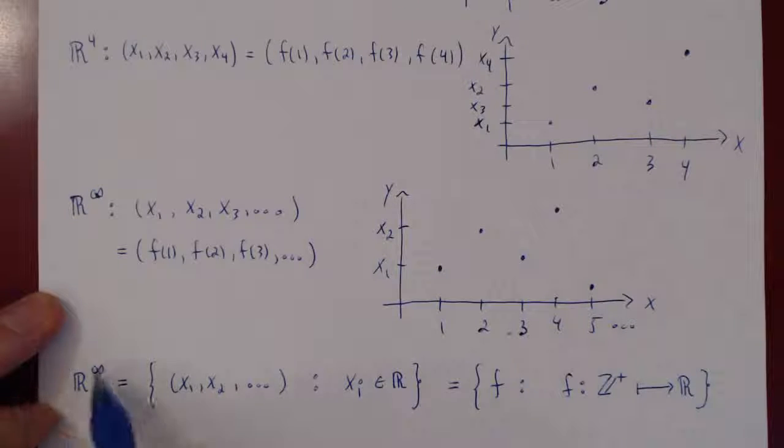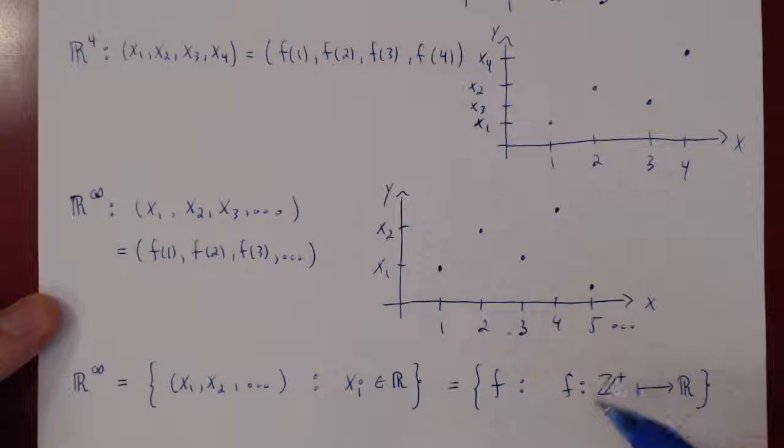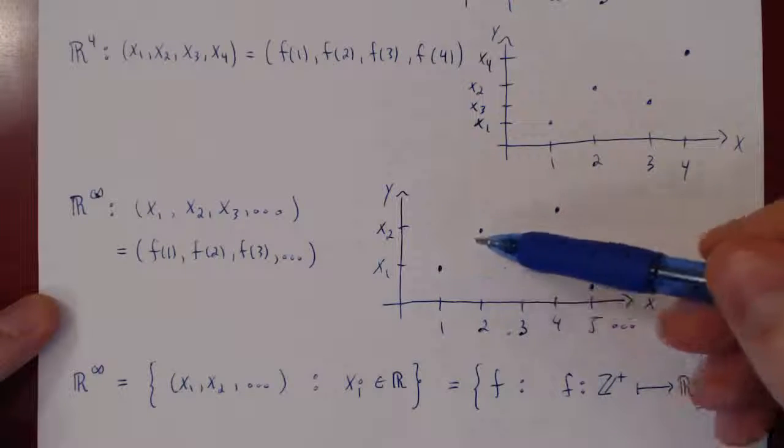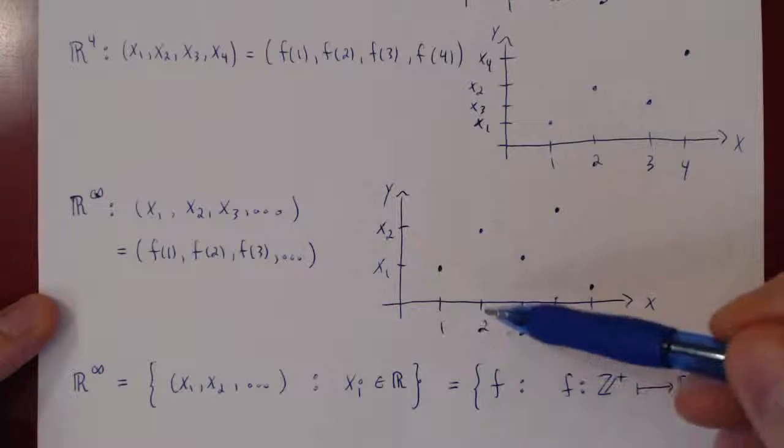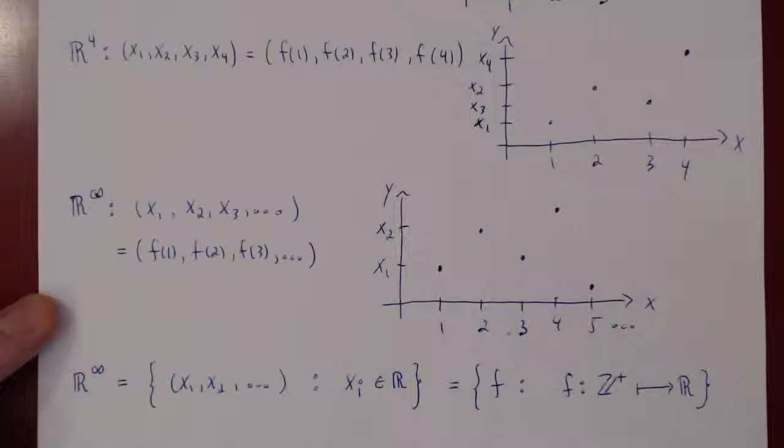So you see R infinity, the set of vectors with an infinite number of components, is simply the set of all functions whose domain is the positive integers. So when you visualize this as functions, you would look at graphs of functions where you only have a discrete number of points for each positive integer.